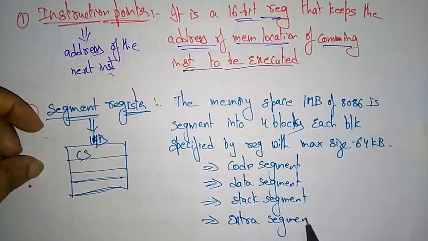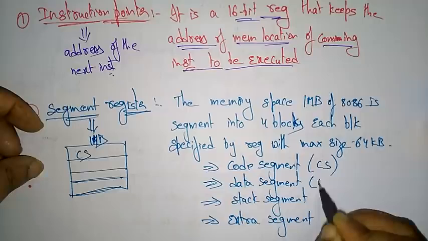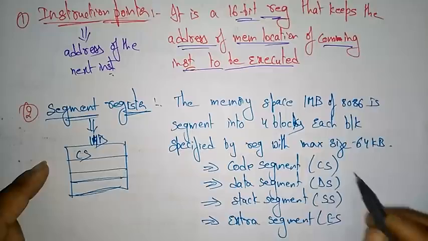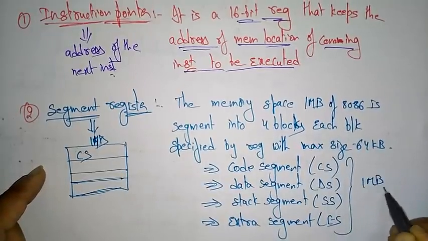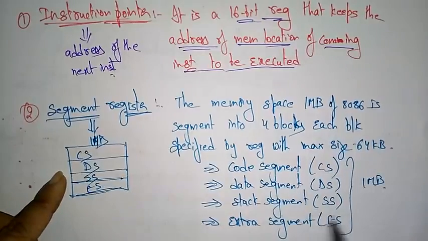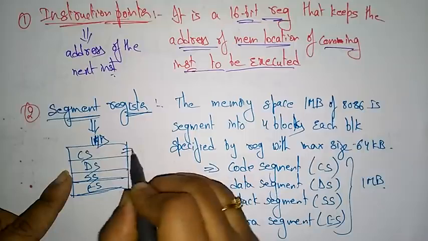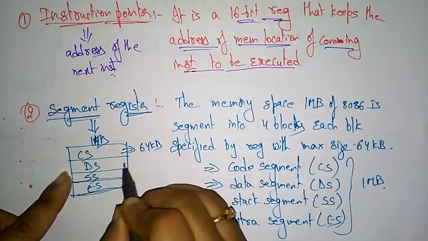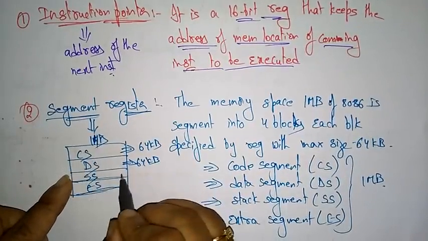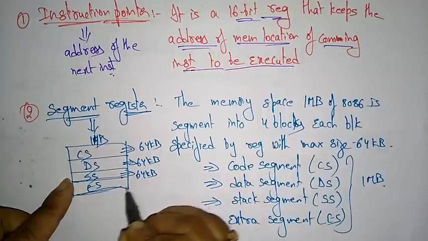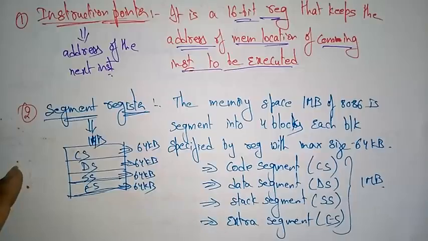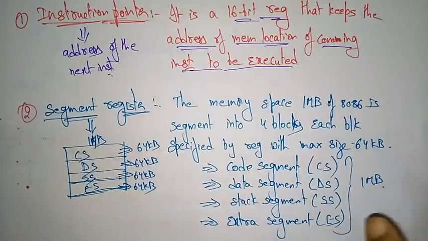This is completely 1 megabyte, but each segment is divided into blocks, and each block holds 64 kilobytes of memory. You call each one a register to store the data. Each can hold 64 kilobytes of data at a time, so up to 64 kilobytes it can store. So this is about the segment register.